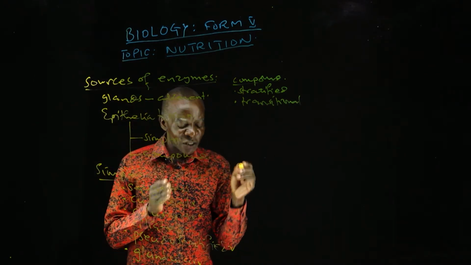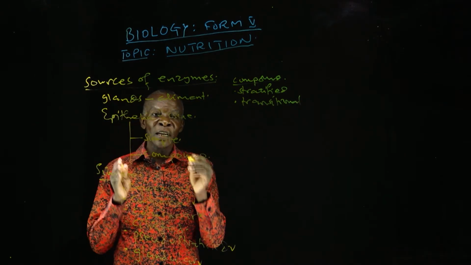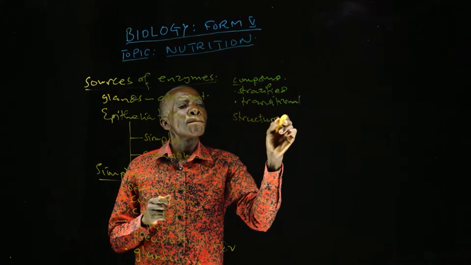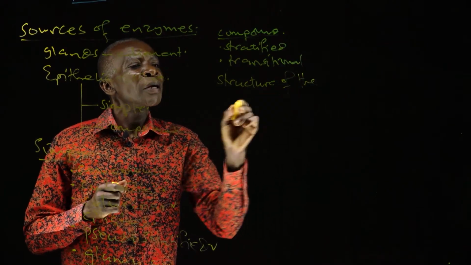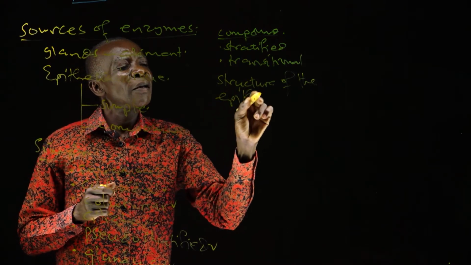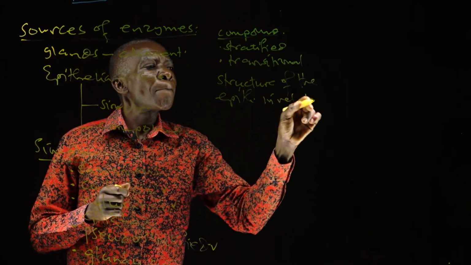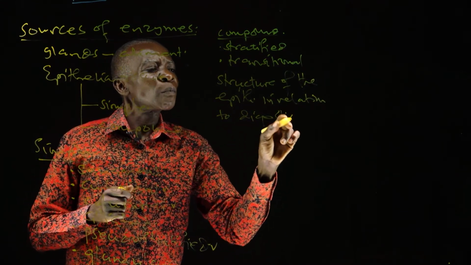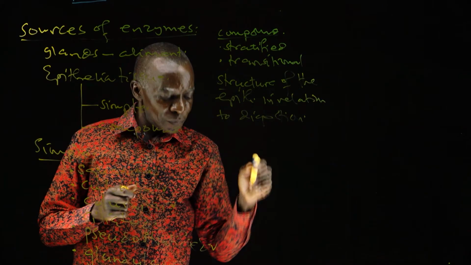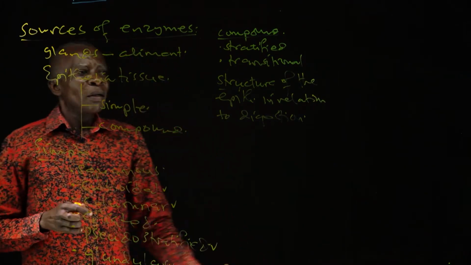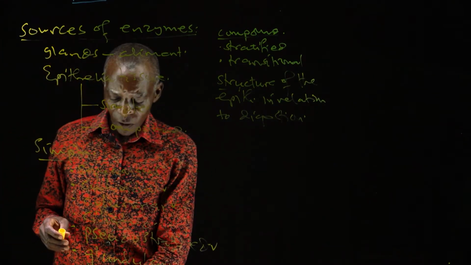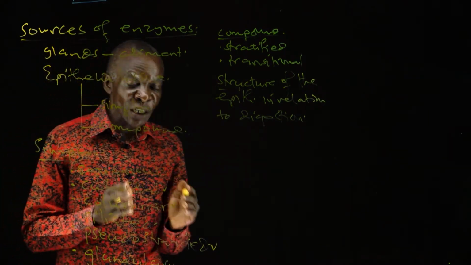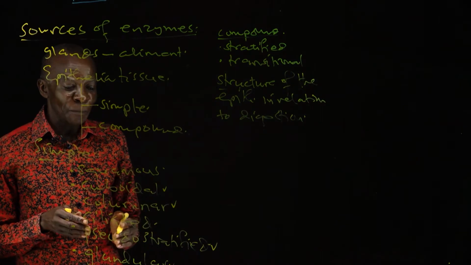Now, let us see the structure of the epithelial tissues in relation to digestion. As I have said here, they are classified into simple and compound.